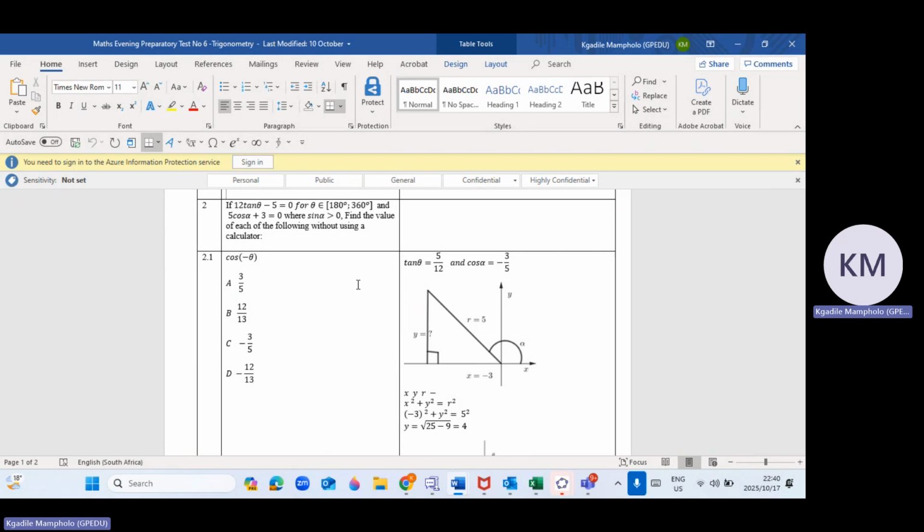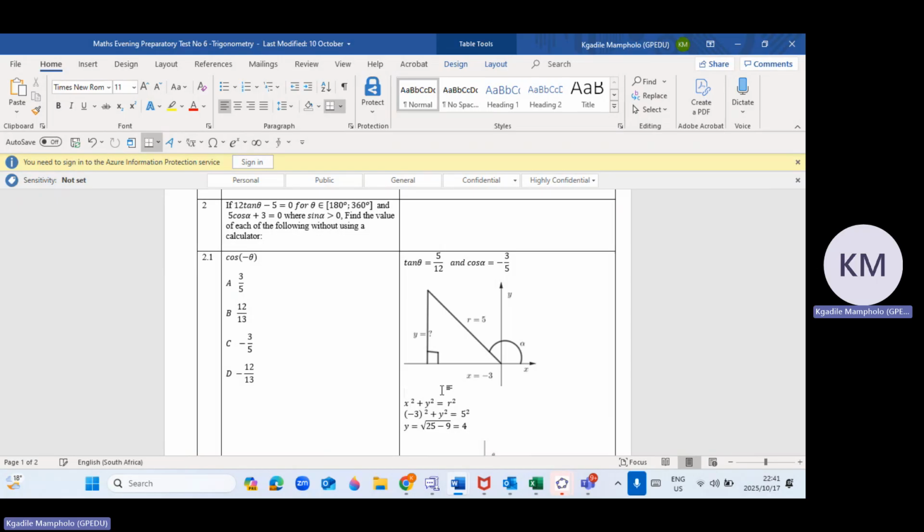Now, let's start with this one with alpha. For this one of alpha, we don't know r, so we apply Pythagoras as we did. Apply the Pythagoras in this case, where we are solving for r. Then we know that x squared here is minus 3, y squared is unknown.